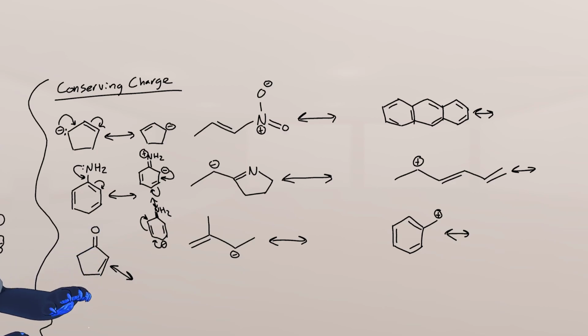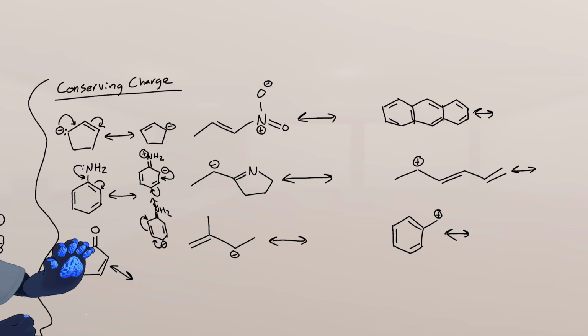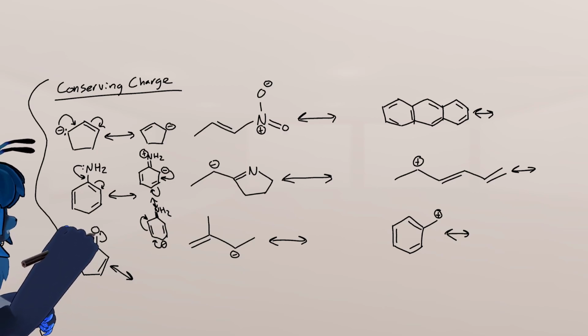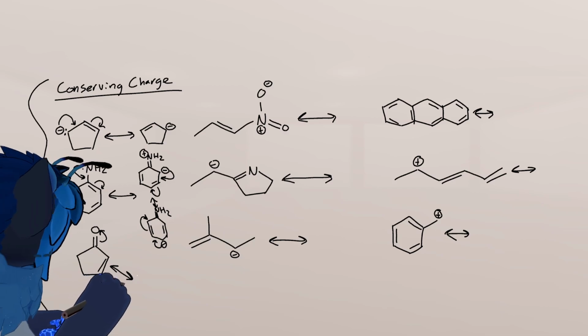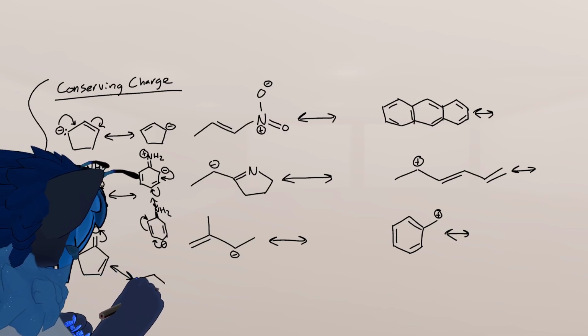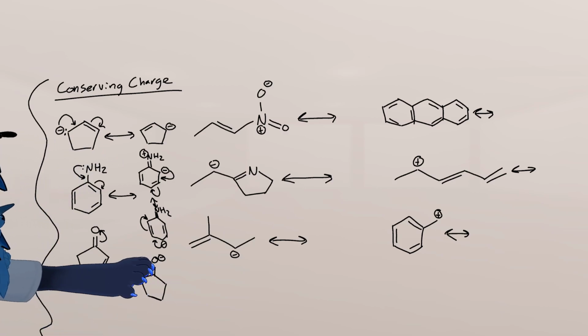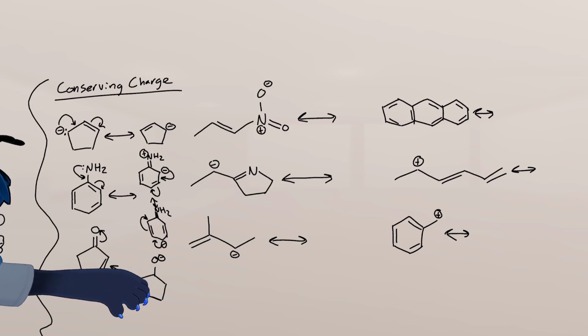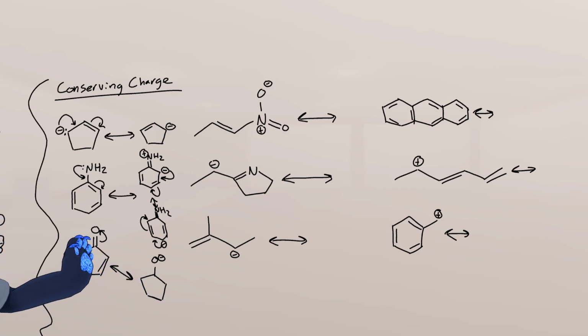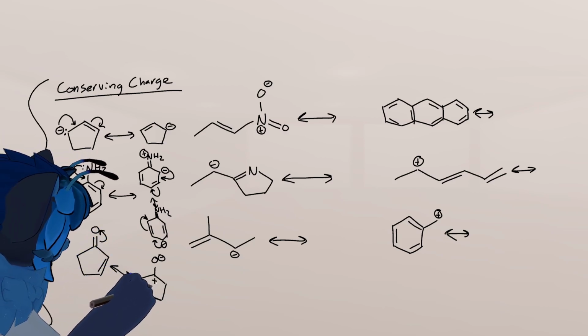Carbonyls have resonance, where one of the bonds in the double bond can move up to the oxygen. When that happens, oxygen then has 3 lone pairs, which becomes negative. If oxygen has 1 bond only and 3 lone pairs, it's going to have a negative charge. The carbon just lost electrons because the electrons went all the way to oxygen. So it's going to bear a positive charge where it was.